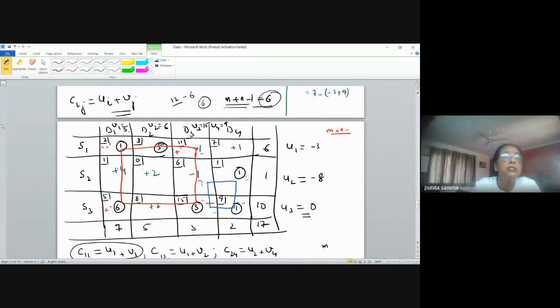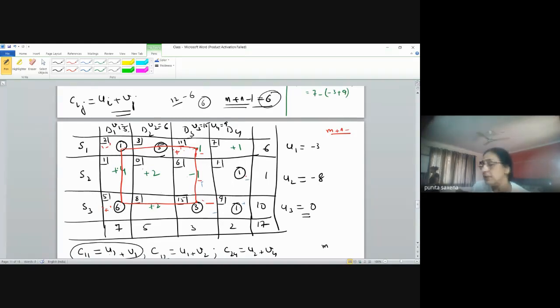Okay, but since we have started with that, we'll restrict ourselves to only this one. So not considering the other loops. So now we have this. Okay, so this becomes your next step, where you have made a loop and at the same time you have marked them with a plus and a minus sign, right?